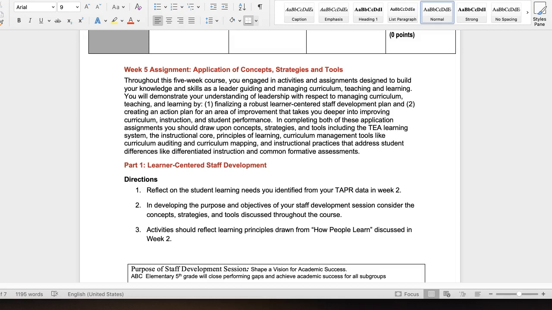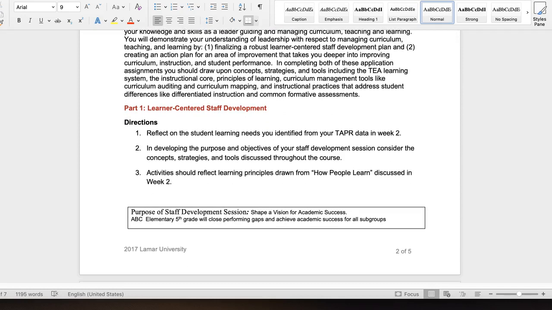So the directions are you're going to reflect on the student learning needs that you identified from your TAPR data in week 2. In developing the purpose and objective of your staff development, you're going to consider the concepts, strategies, and tools that we've talked about in this course. And then you have activities that should reflect how people learn, discussed in week 2.